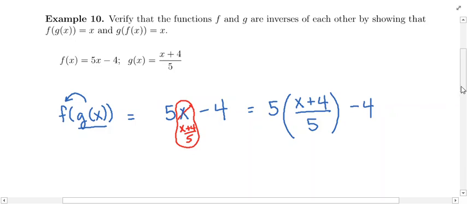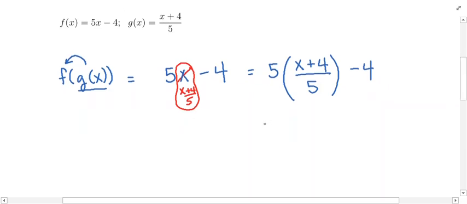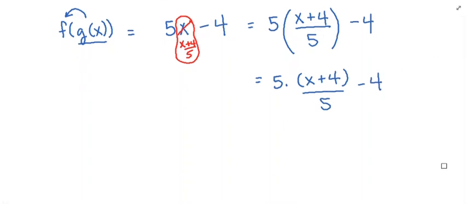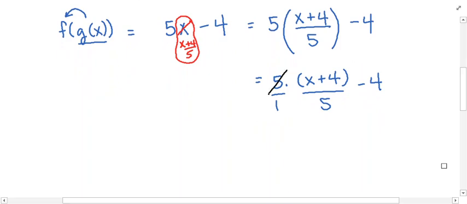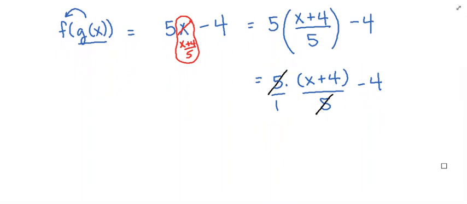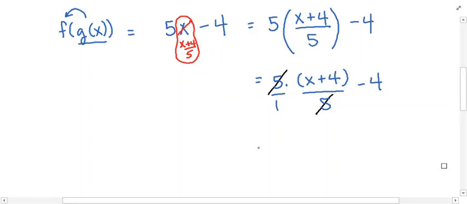Now we need to simplify. This is 5 times the quantity x plus 4 over 5, minus 4. If you think of the 5 as 5 over 1, you see a 5 in the top and a 5 in the bottom. Those cancel, leaving a 1 in the denominator.